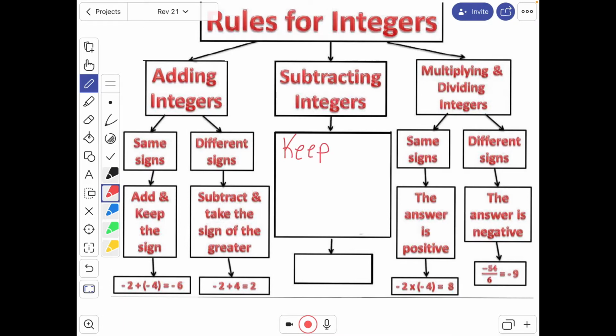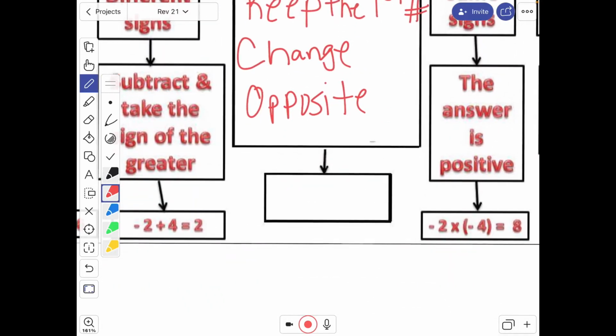The rule is keep the first number, change, and then opposite, or change again. Some people say keep, change, and others say keep, change, opposite.